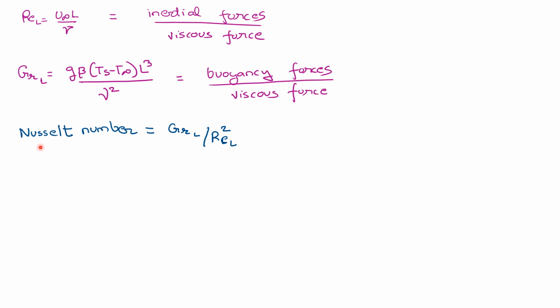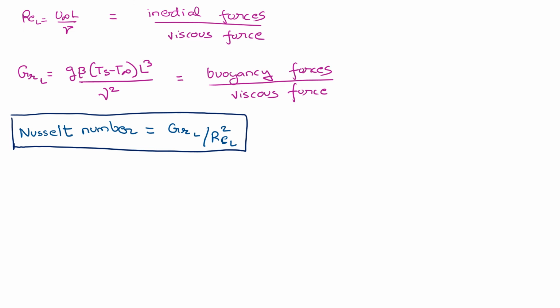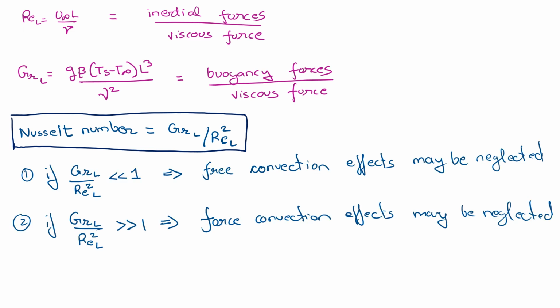And there is another number, which can be defined as the Grashof number divided by the square of Reynolds number. This is also a very important definition, because it characterizes what type of convection we have.